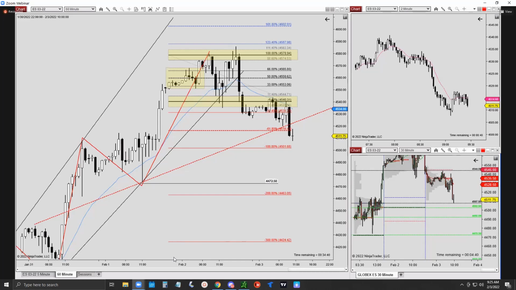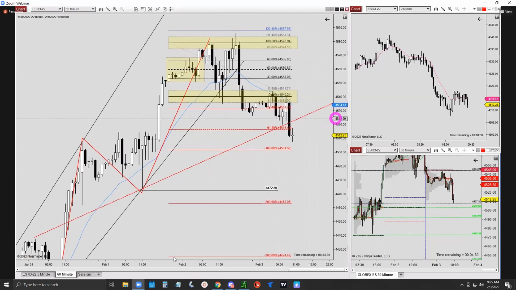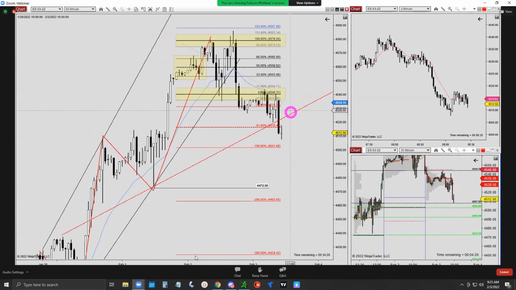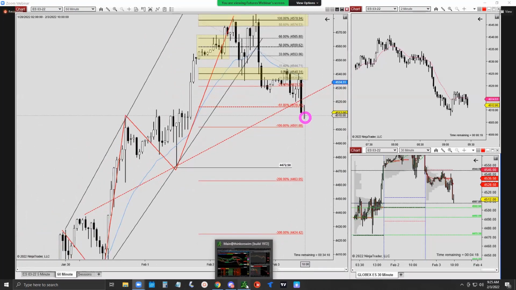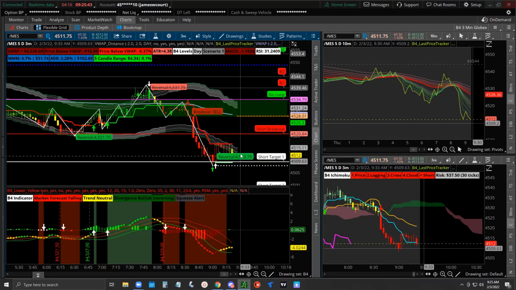Okay, hang on. All right, so here you go. It comes down to the target. However, we did close below it, so we're closer to this level now.